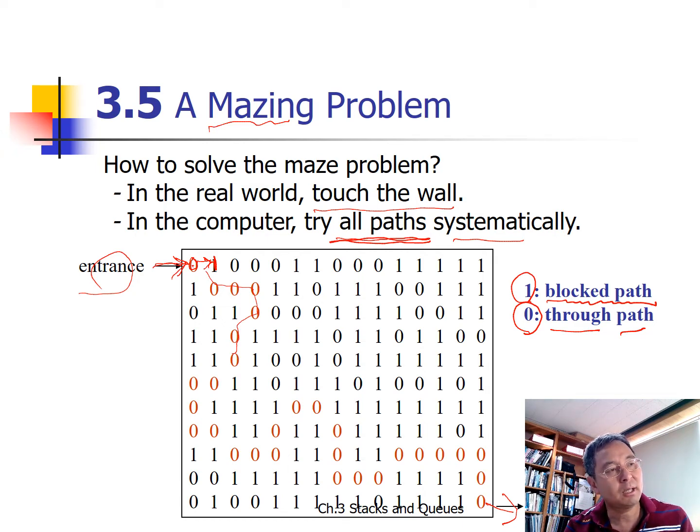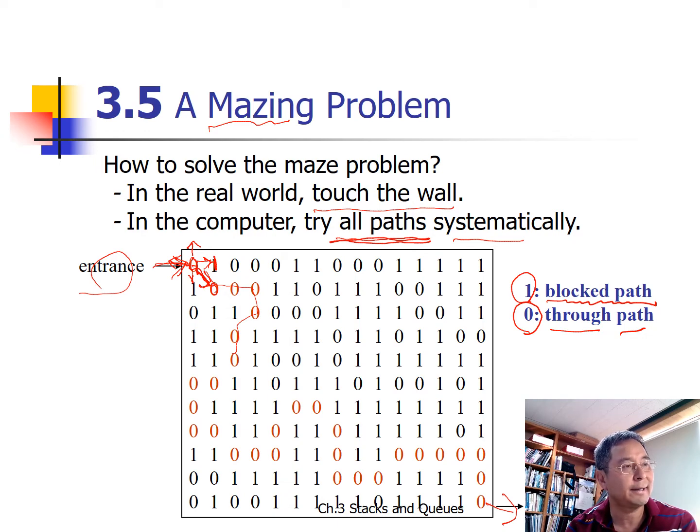But if we turn the direction downward, there is a 0. We can go in this direction. But we cannot go in this direction. And also we cannot go outside of the boundary, or go back this direction because this is outside, the entrance.